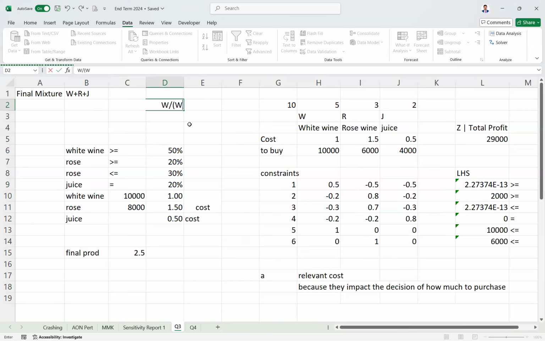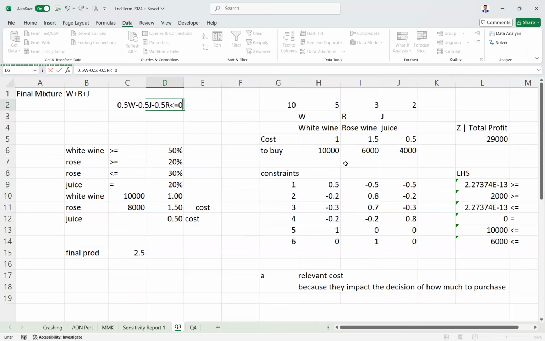That becomes W is greater than or equal to 0.5 into W plus R plus J. Now take this to the left hand side, minus 0.5 W minus 0.5 R minus 0.5 J. That becomes 0.5 W minus 0.5 R minus 0.5 J greater than or equal to 0.